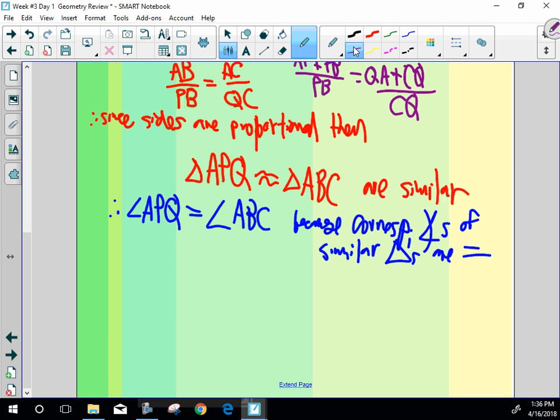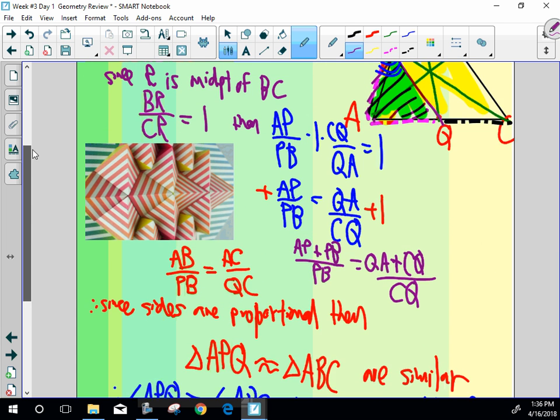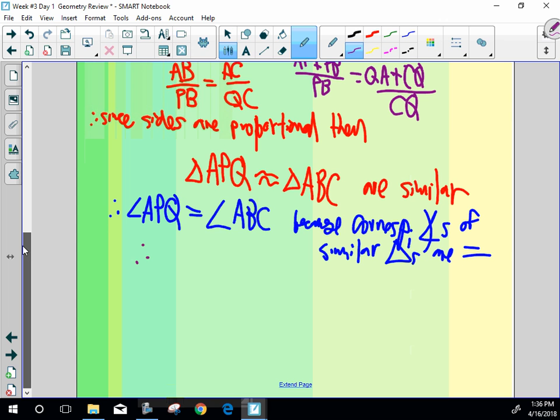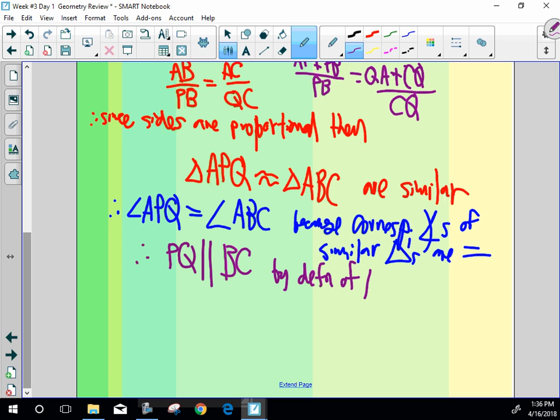And then lastly, therefore PQ and BC are parallel, by definition of parallel lines. Because they have to have equal angles, therefore they're parallel.